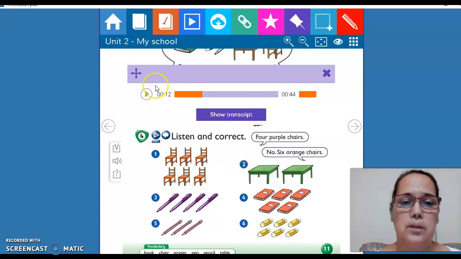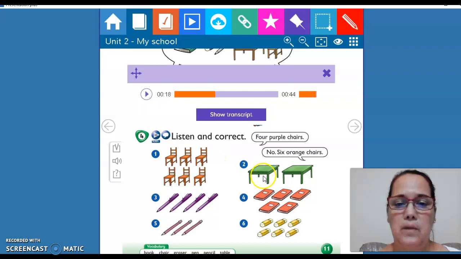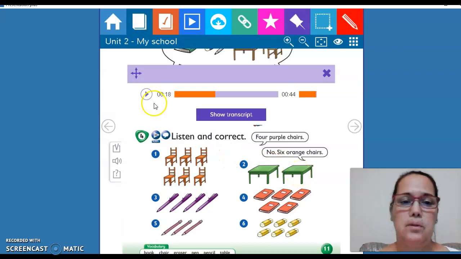Listen and correct. 2. 3 blue tables. No, very good. 2 green tables.